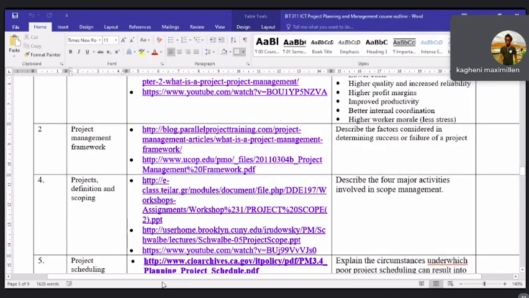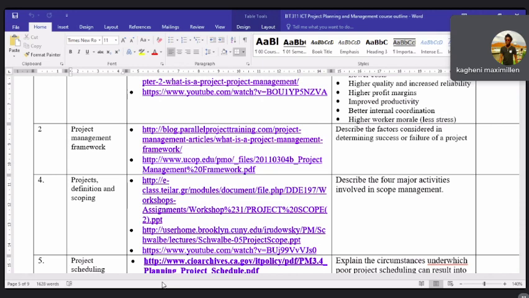Project management framework. Here you'll be able to describe the factors considered in determining success or failure of a project. What does the measure of success of a project depend on?